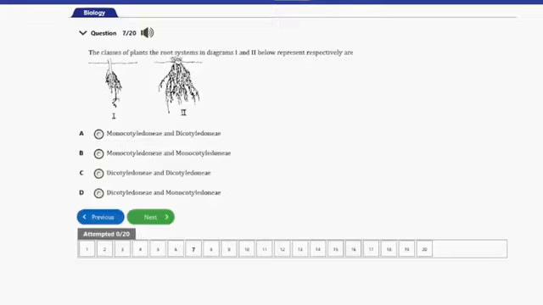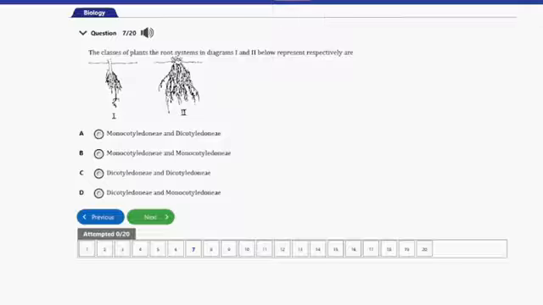Question number 7 here. It says, the classes of plants, the root system in diagram I and II below represents respectively are A. monocotyledona and dicotyledona. B. Monocotyledona and monocotyledona. C. Dicotyledona and dicotyledona.